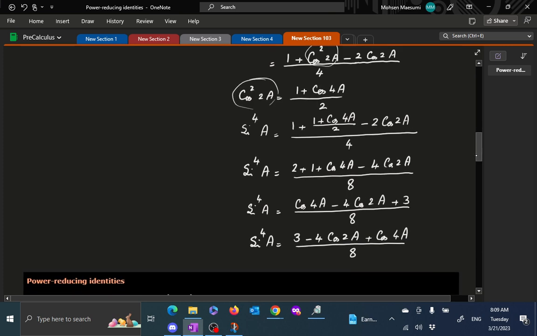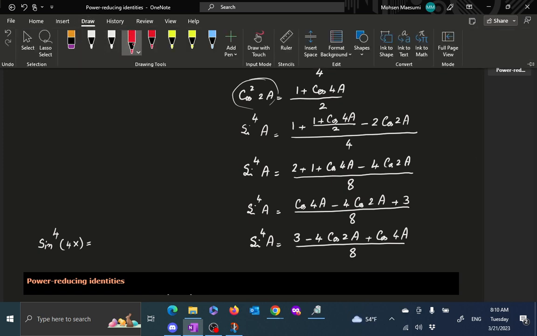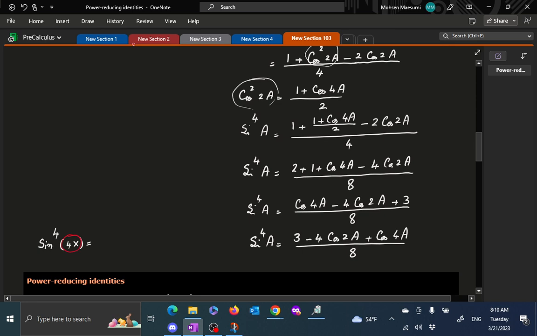If I have sine to the power 4 of anything other than a, I replace the same thing on the right hand side. So in our problem, we have 4x. Instead of a, 4x is going to replace it. So 2a is going to be 8x, and 4a is going to be 16x.